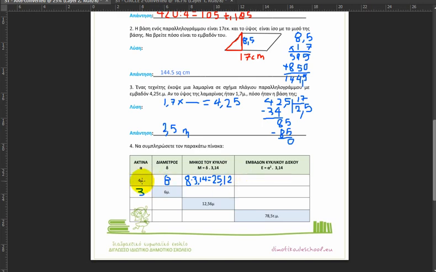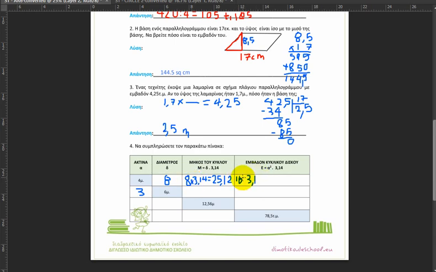What about here? We would be doing 4 times 4, so 16 times 3.14. Let's actually write the times as an x here.